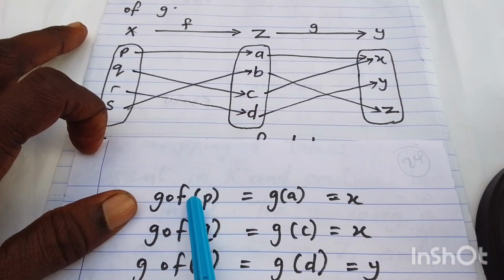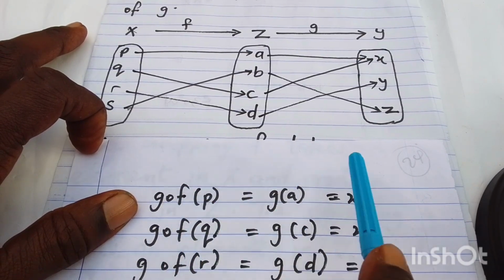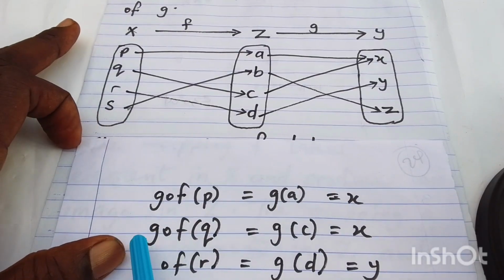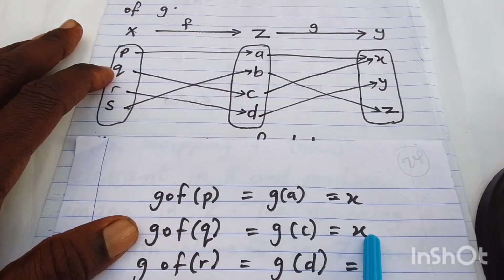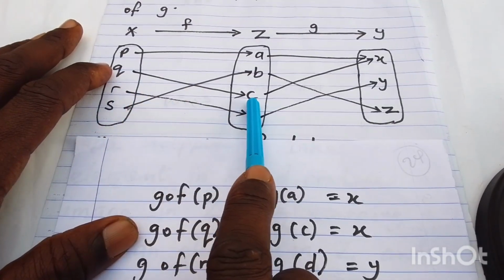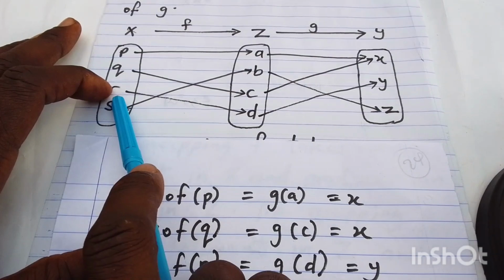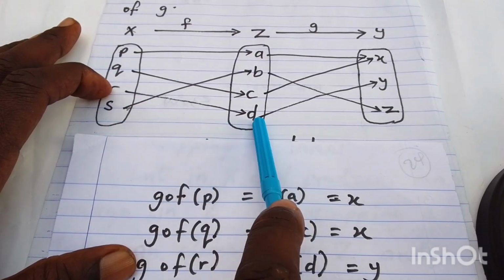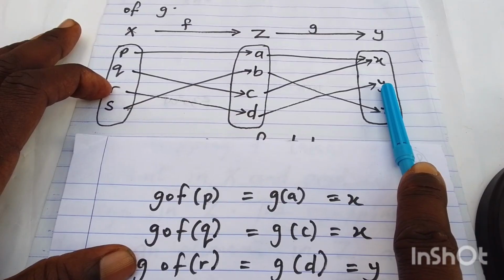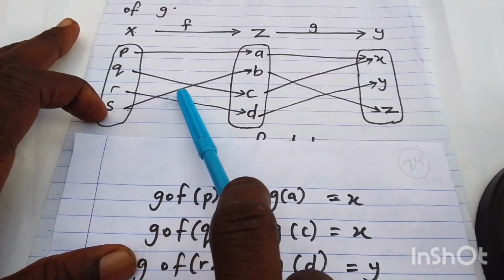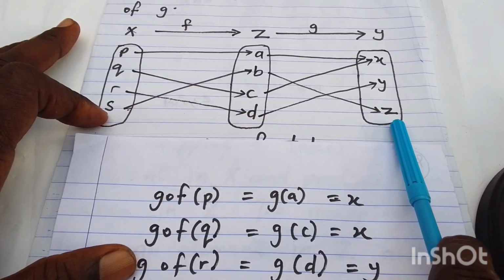X. For the composite mapping of P, here is what? X. The composite mapping of Q will be X also. So Q produces C in Z and now produces X in Y. Then that of R will produce D in Z and now produces Y in Y. Then that of Z produces B in Z, now produces Z in Y.